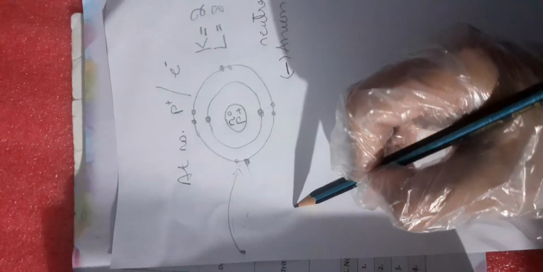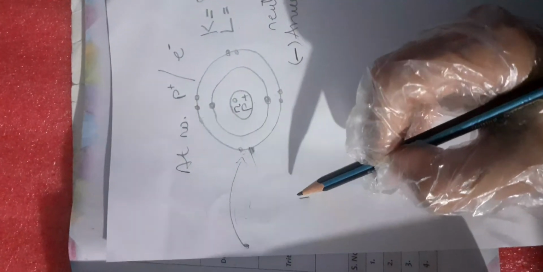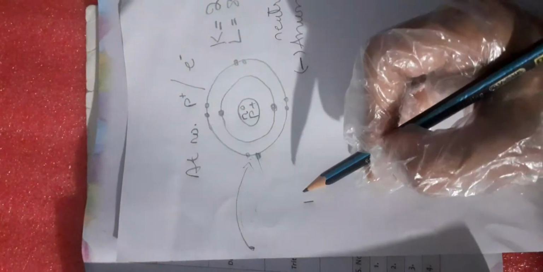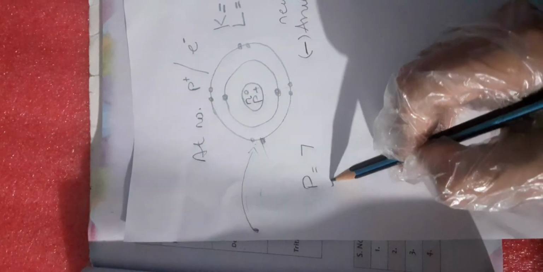We will see that now it has an extra electron, whereas the protons remain less, right? So what is the case? The case is, in any neutral atom, if the number of protons is 7, this means that the number of electrons will also be 7. I hope up till now it's clear to everyone.